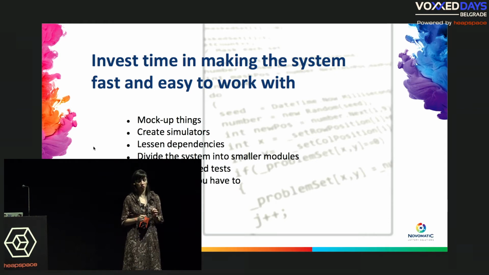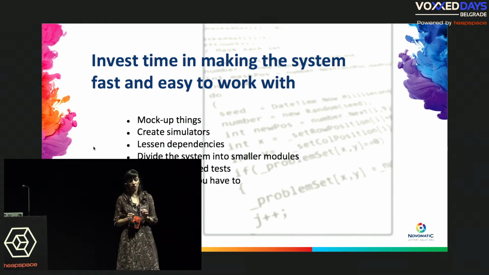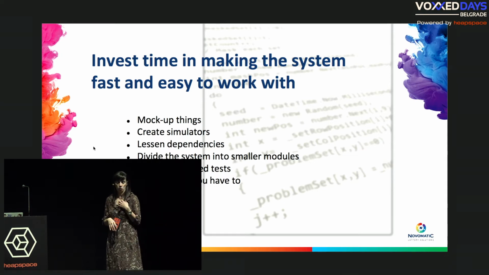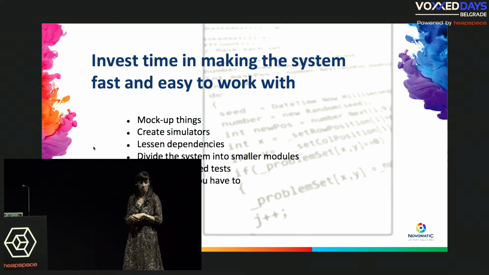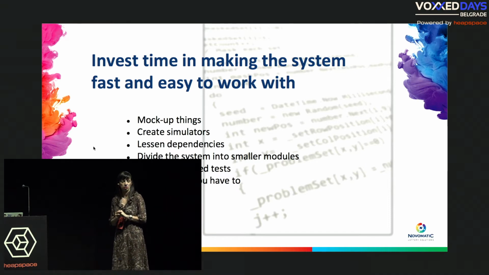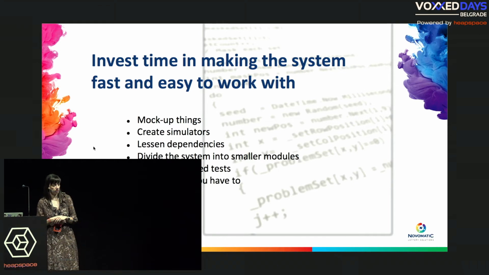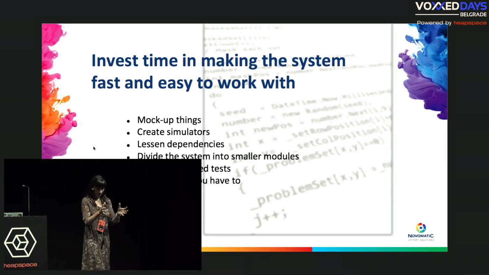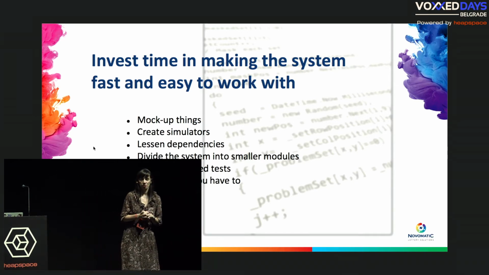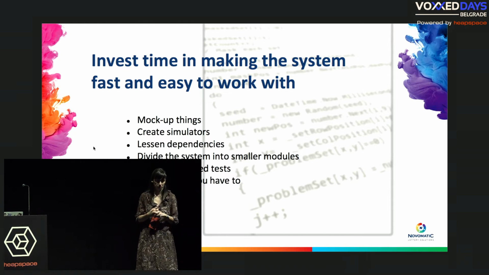And especially, you need to be present when there are integration points. This is a major source of pain, at least it was for us in the systems that we are creating. Whenever we had integration, it was really, really a pain. So if you have an opportunity to make developers' life, not just developers, QA, I mean the whole team's life easier, then by all means do it.